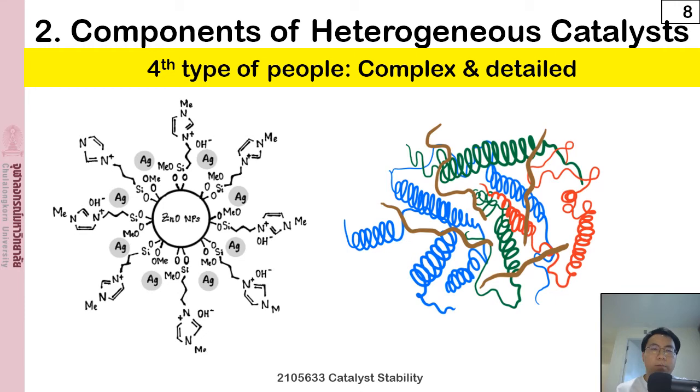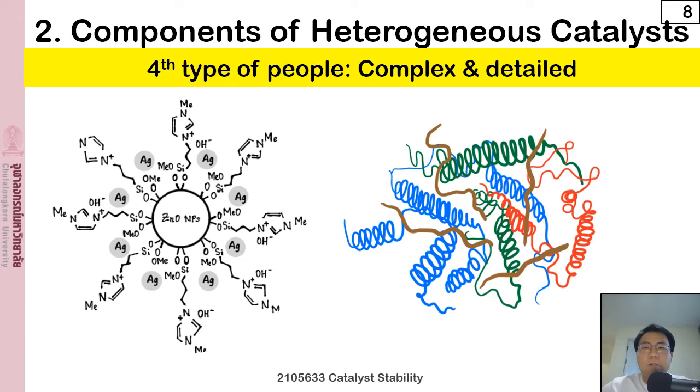Lastly, the final type of people is a really complex and detailed person. On the left, the person tried to explain the catalyst as zinc oxide nanoparticles that are surrounded by metal atoms and also ligands of organic compounds, heterocyclic.